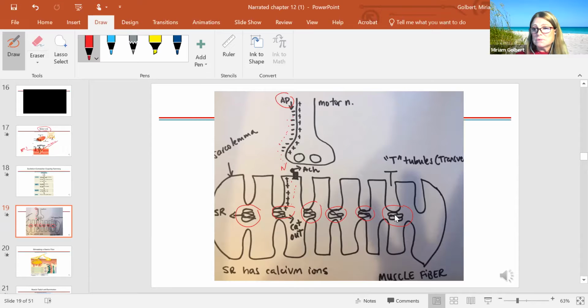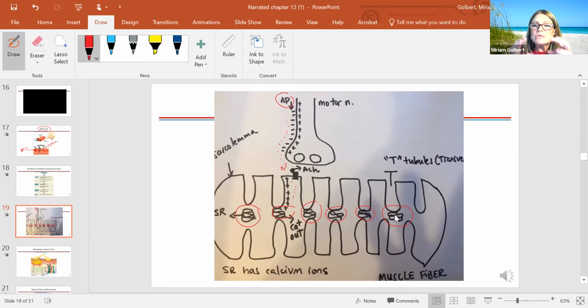The rough one has ribosomes and is mostly for protein synthesis. The smooth one is more for adding glucose to sugars or transforming some proteins. But in the muscle fiber, the sarcoplasmic reticulum is just to store calcium ions.